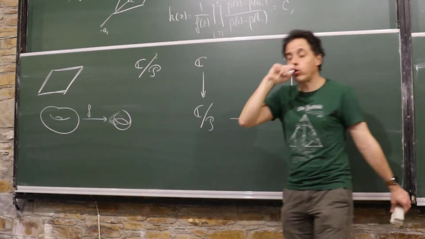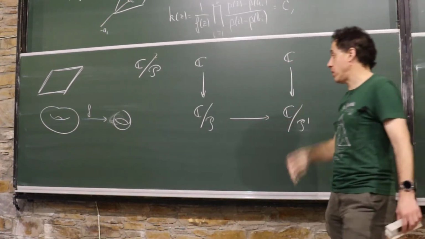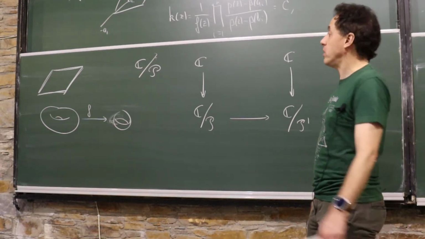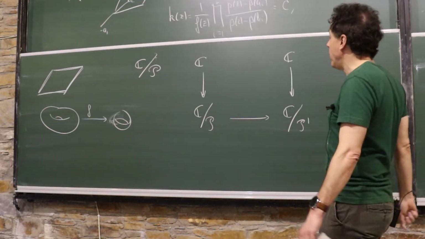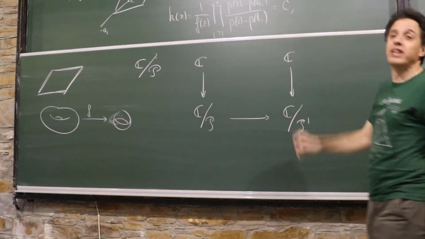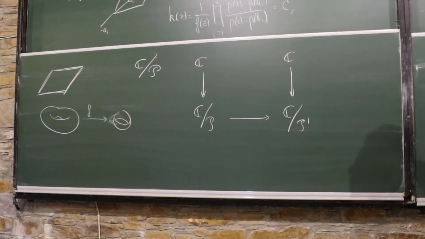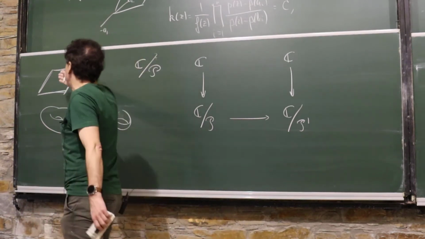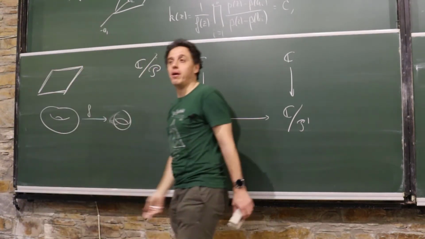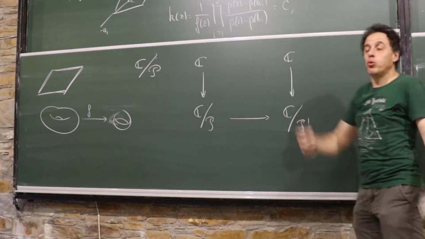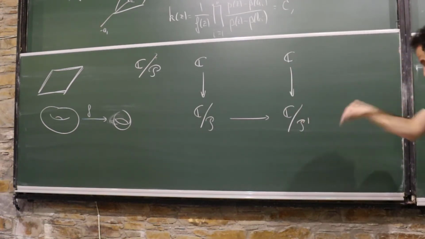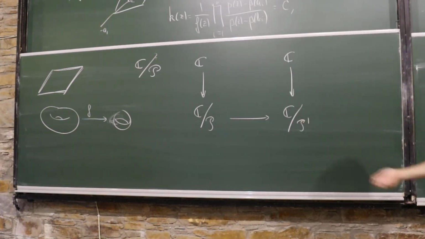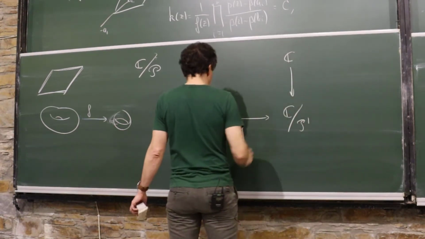There is a natural projection from C onto this torus. It's called, in algebraic topology, a universal covering of the torus. Well, essentially the projection will be, if you see here, any point of C, you associate a point and you identify points. You go to the quotient. Okay? So you have a map here by biholomorphism.